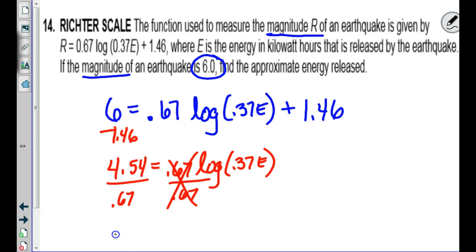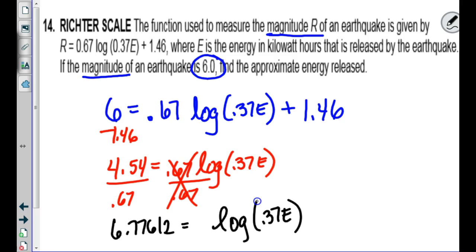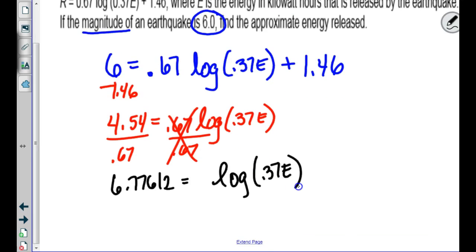What do I do now? How do I get rid of a single log, guys?